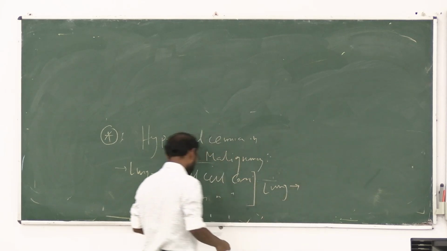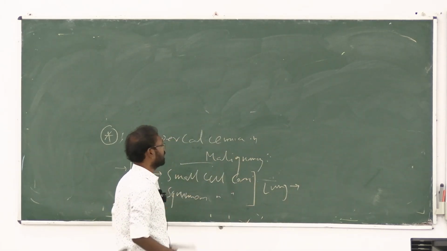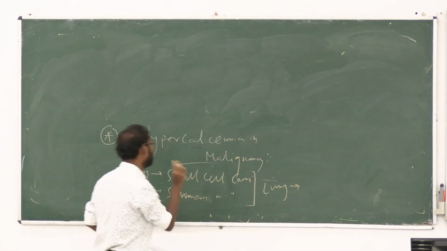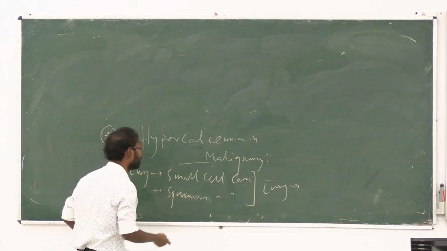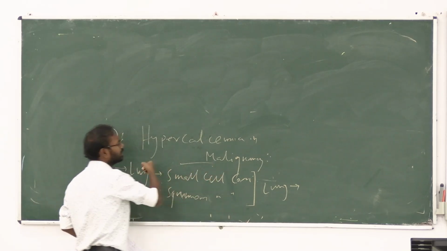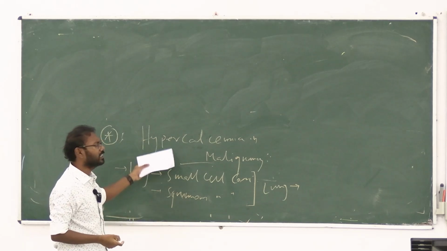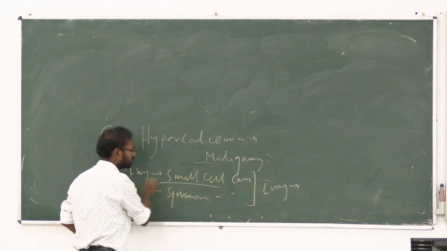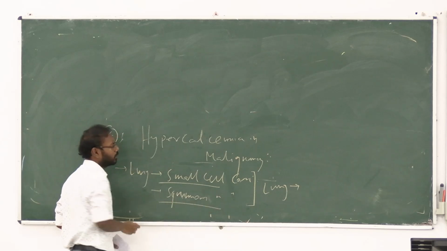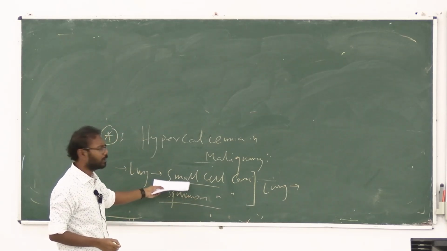So this is called paraneoplastic syndrome. Why paraneoplastic? Meaning new cell generation. Normally the lining epithelium of lung is different. So small cell and squamous cell carcinoma are not the normal lining epithelium of lung.